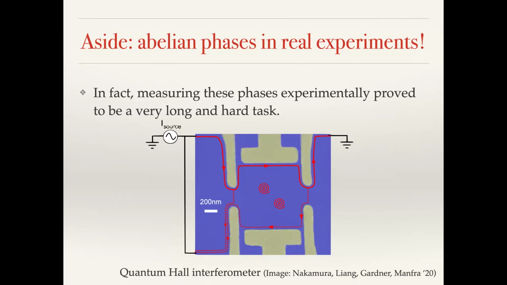Okay, so this is a picture that was taken from a paper by Mike Manfra's group in 2020. And the idea was, how are you going to measure relative phases of wave functions? Well, obviously you have to do an interference experiment. So this is a quantum Hall interferometer. And the idea is you're going to inject particles along the top edge, okay? And you're going to look at what comes out down here.